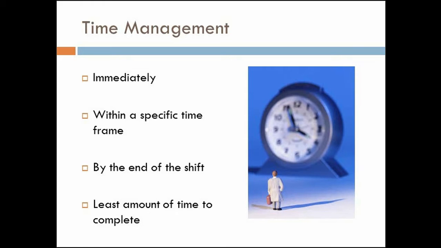With time management, that gives us a little freedom to organize and coordinate our care, maybe not necessarily on whether or not the patient is unstable, but according to time. What can we get done first? What's going to take us the least amount of time to get it done? And what's going to take the most amount of time to get done? So we can structure our care or organize our activities based on time management strategies.